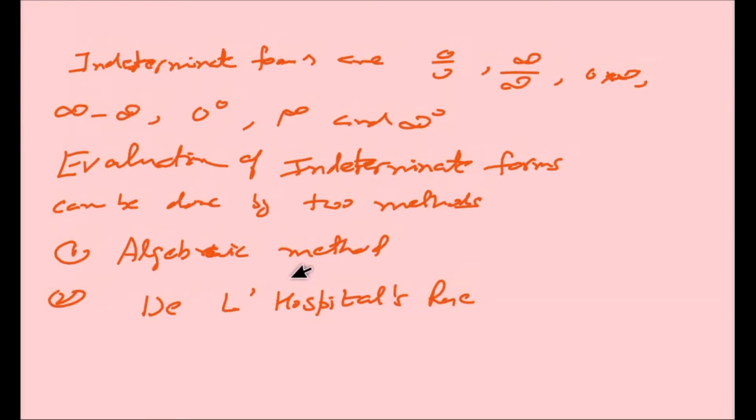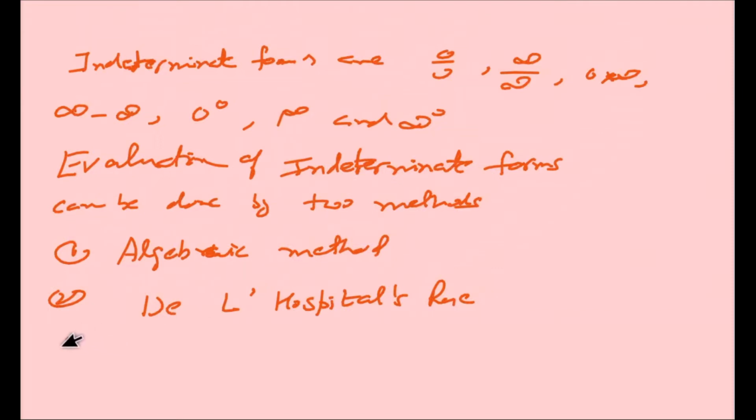In the algebraic method we have already learned some series and other formulas in the limit chapters. In these chapters we will use L'Hospital's rule. So for the indeterminate form 0 upon 0, we will start with L'Hospital's rule.